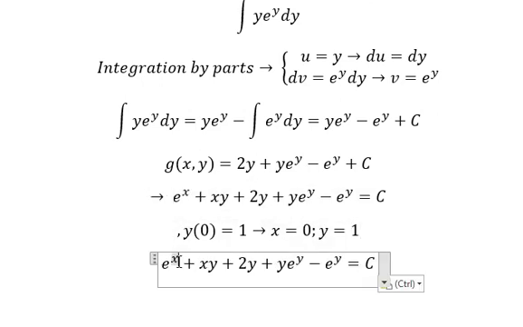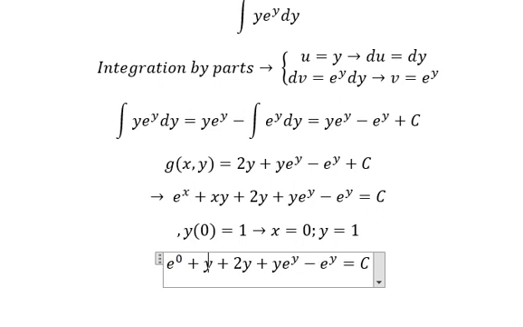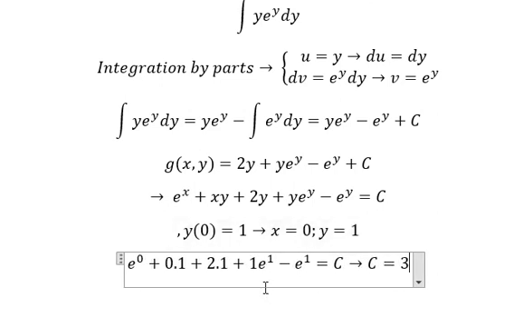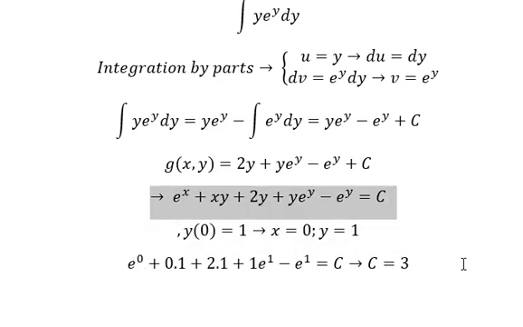So we put number 0 go in here, number 1 go in here, and now we need to simplify, and you got about c equals to number 3 because we have number 2 and number 1 in here. And now we got a final answer.